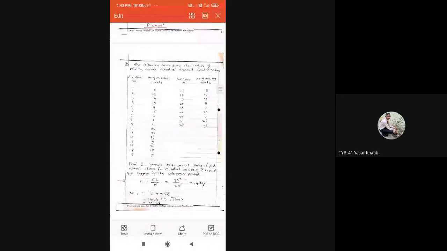Like this way there are 4 to 5 problems. From this you have to understand the process, how to find it out. First of all, you can go through the study material, you will get these notes. Once you go through these formulas and remember the different charts' formulas, it will be easy for you to calculate the different values of the upper control limit and lower control limit for those charts.